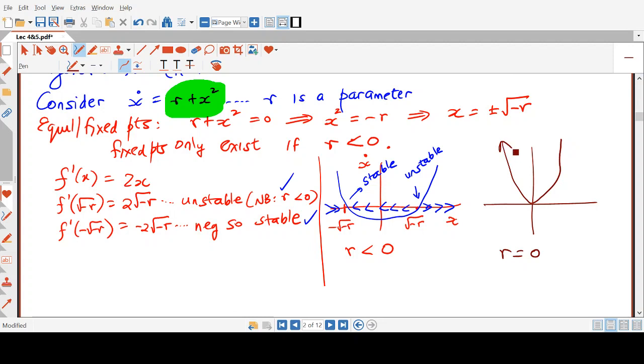It's a parabola like that at 0. So it's positive actually on both sides. So the arrows go like that and like that, because the parabola is positive on both sides. The gradient is positive, in other words. So then this is an unstable equilibrium.